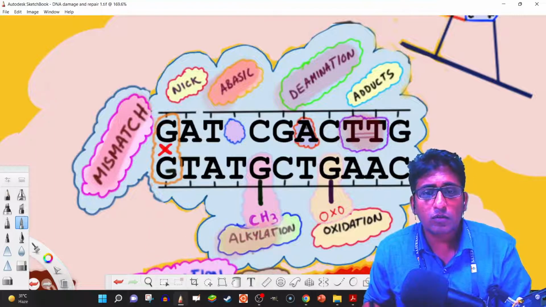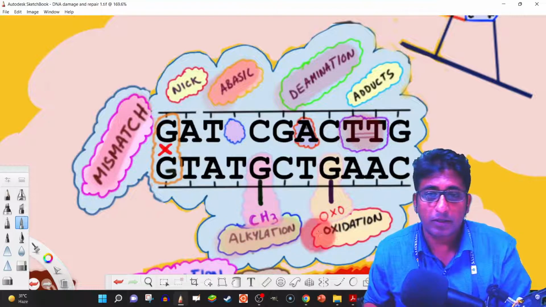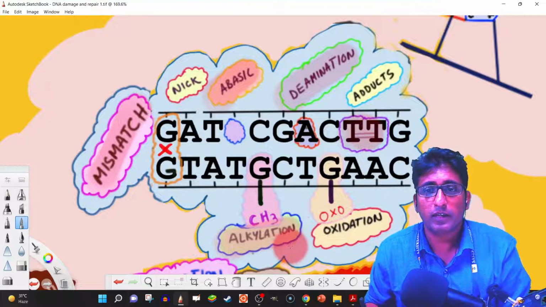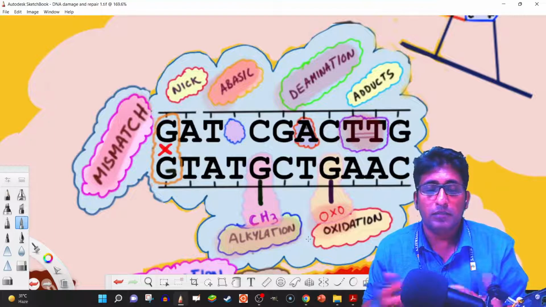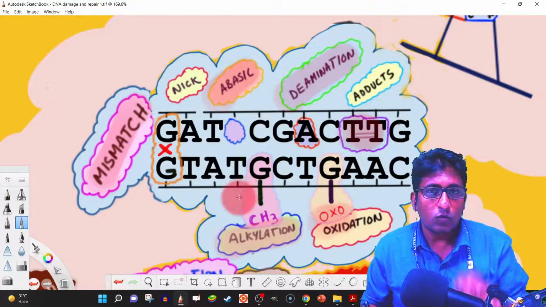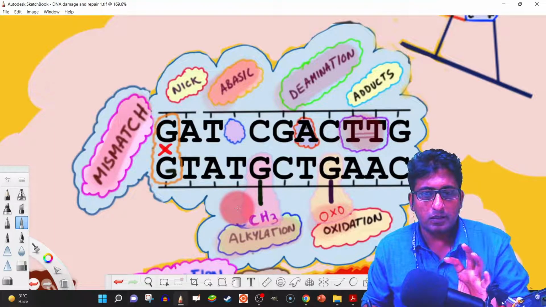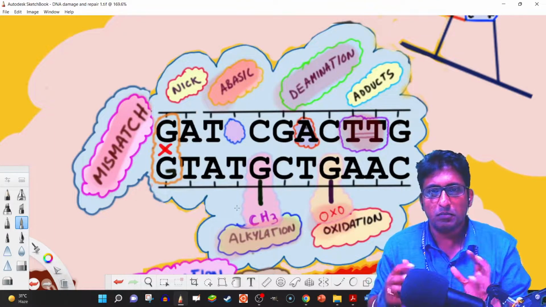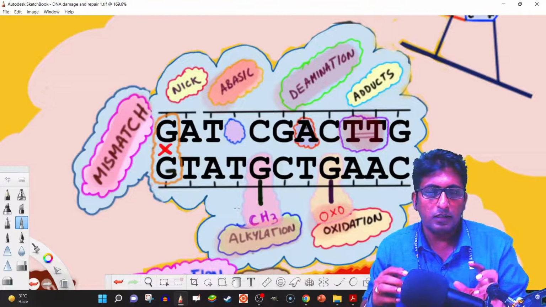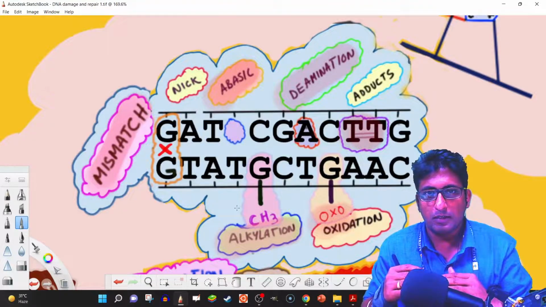There are also groups that could be added onto the nitrogenous bases, something like methyl groups or ethyl groups, or oxidation of the bases themselves.